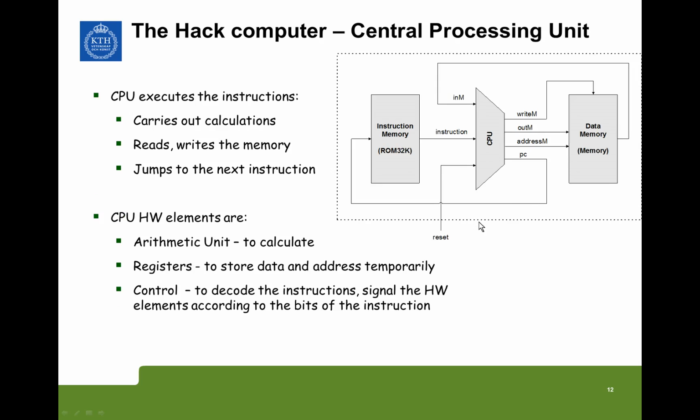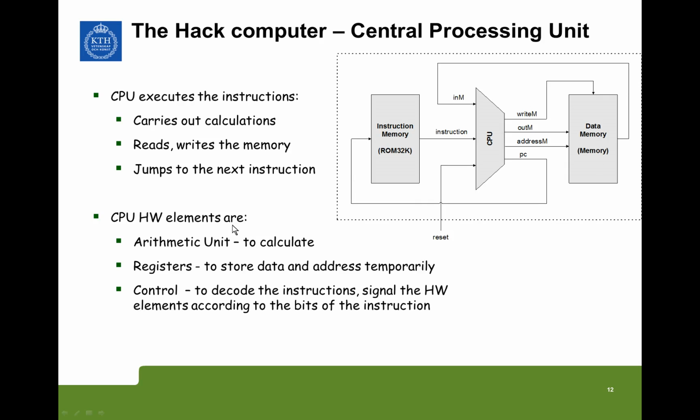Let's look at the central processing unit, the CPU. The CPU will carry out calculations, will read and write the memory, and will make the computer jump to the right instruction.